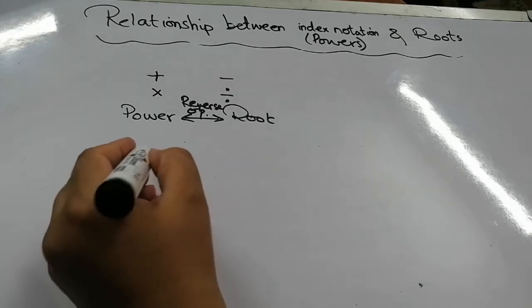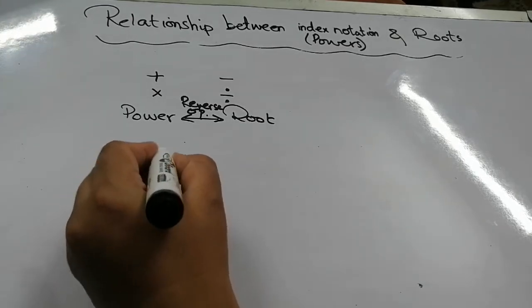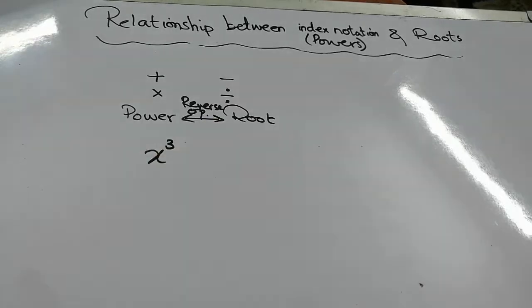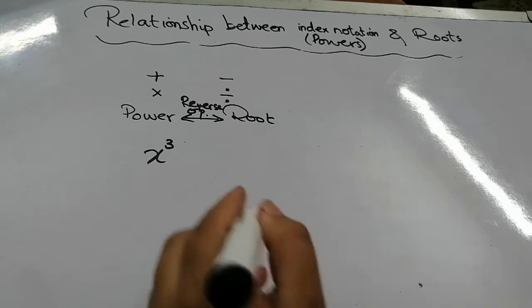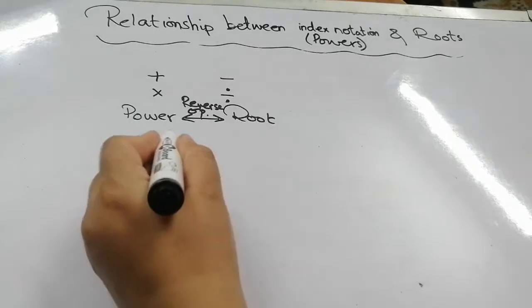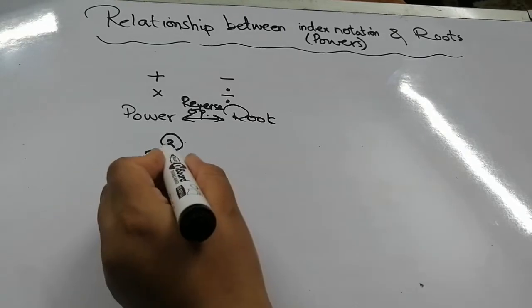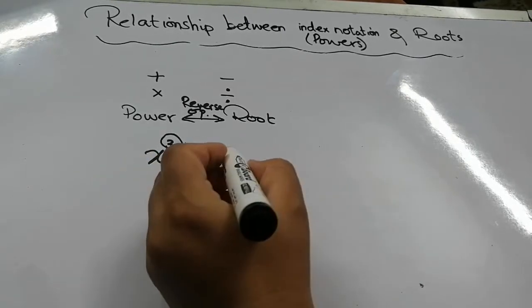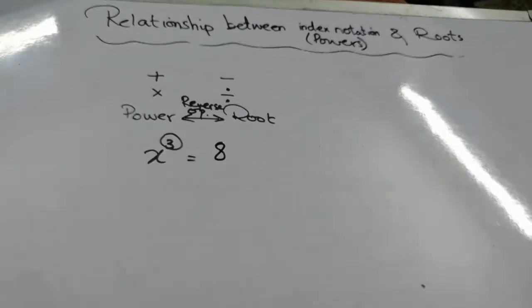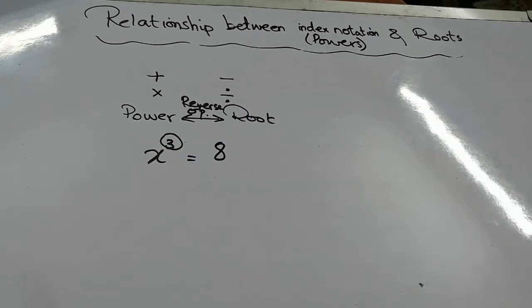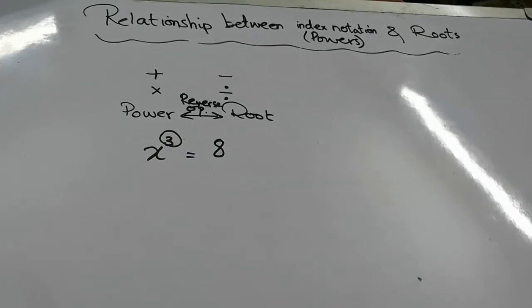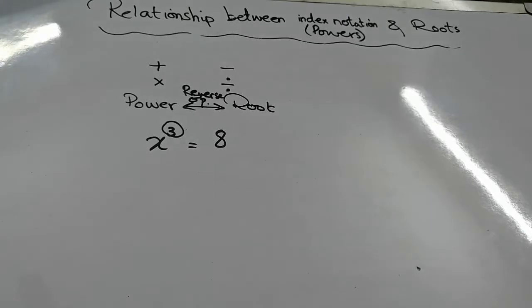For example, we have x raised to the power of cube, and to get rid of this cube, what can I do? For example, I know that x cube is equal to, let's say, 8. From this equation I need to find the value of x.